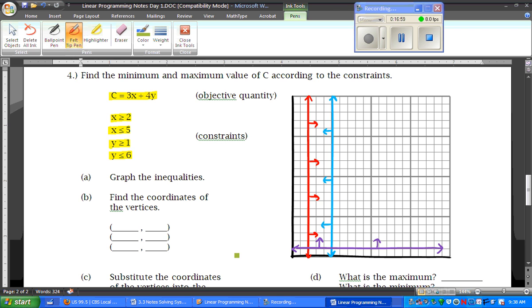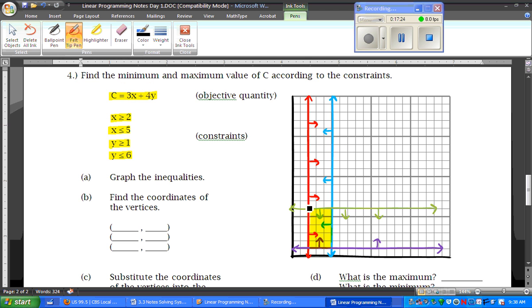And for the last one, y is less than or equal to 6. It's a horizontal line at 6. Less than or equal to means I shade below. So my final shaded region is the rectangle that's in between all of these because my arrows are pointing to that rectangle.